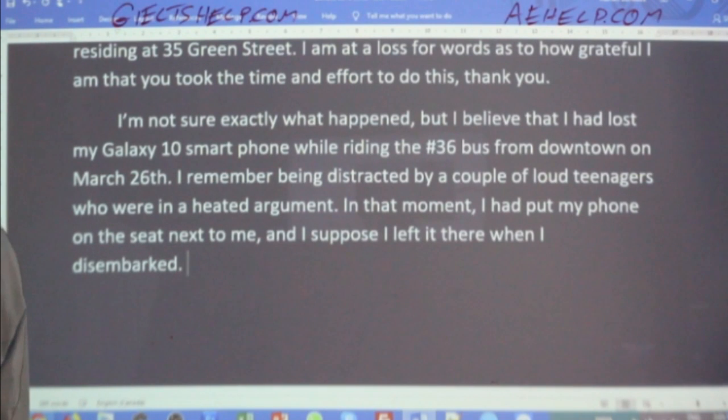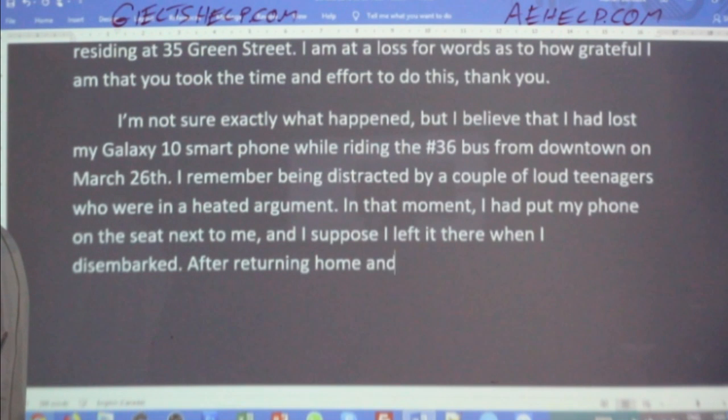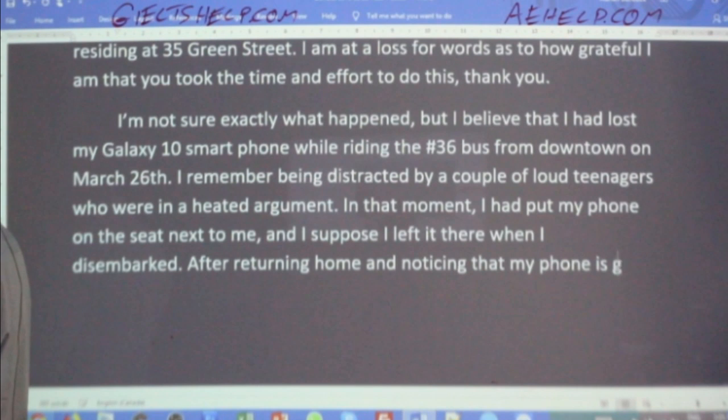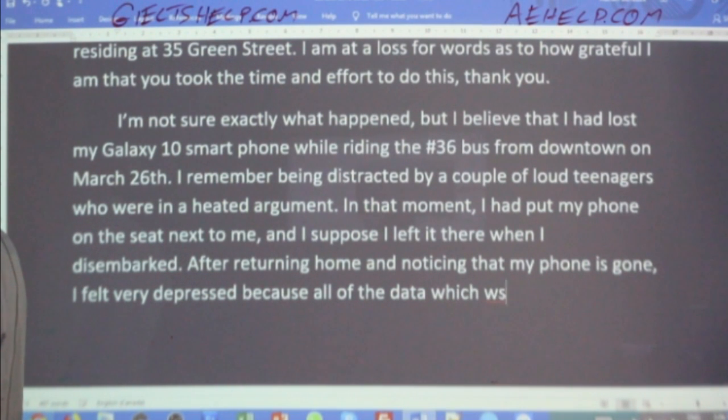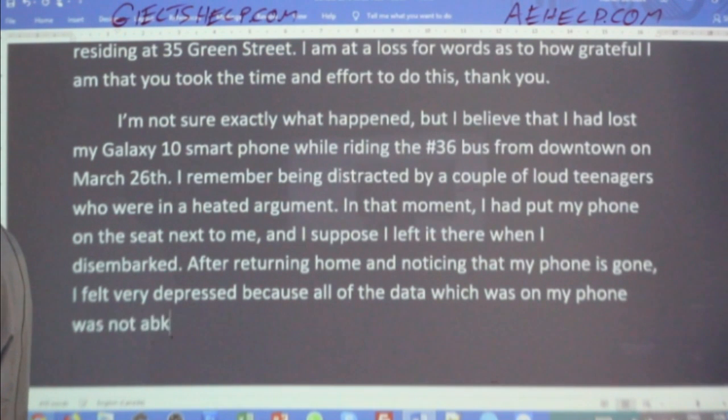"When I realized after returning home and noticing that my phone is gone, I felt very depressed because all of the data which was on my phone was not backed up."